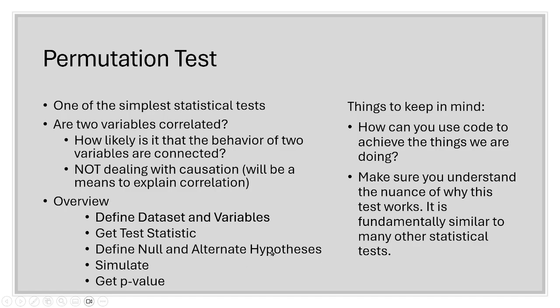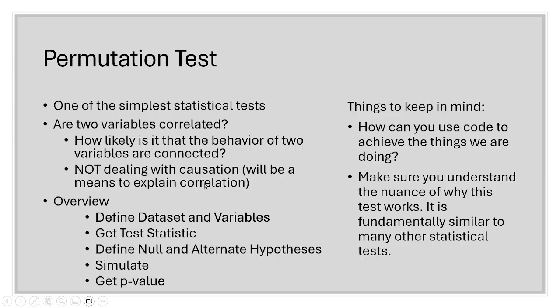This will be very common among statistical tests, right? And also the idea of simulations of random chance, the incorporation of randomness, is a major factor in statistical tests. So, given that this is the simplest statistical test we're going to give you, it's very critical that you know the role of these in this test so you can be prepared for some of the more complex stuff later down the line. All right?